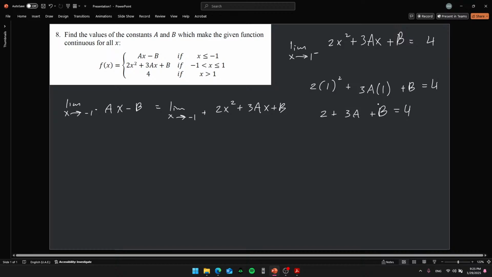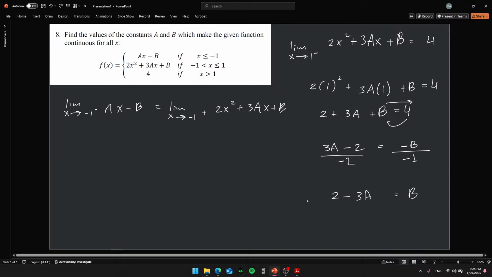Now move b to the other side and 4 to the other side. Switch the sides. Negative b is equal to 2 minus 4, which is negative 2, so 3a minus 2, divided by negative 1. So b is equal to 2 minus 3a. Okay? So this is the value of b.